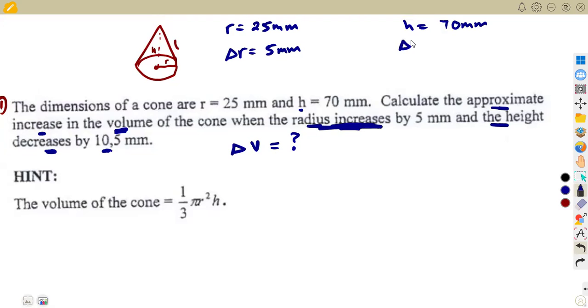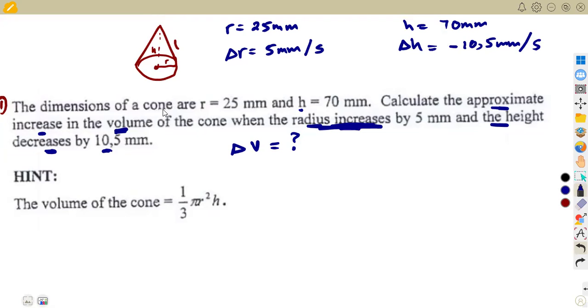So the change in height is negative 10.5 millimeters. And the increase or decrease that is happening is taken as a rate, like millimeters per second. So this is actually supposed to be given as the change in radius, 5 millimeters per second, the change in height minus 10 millimeters per second.